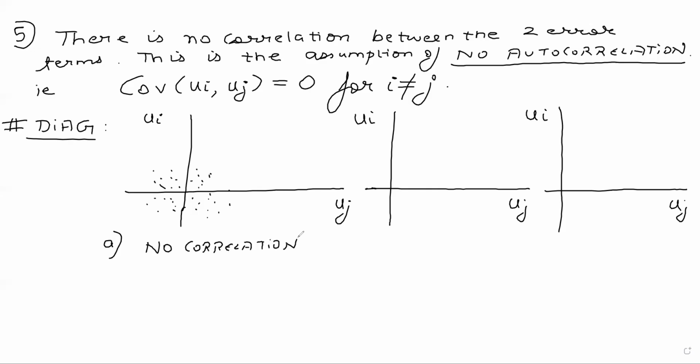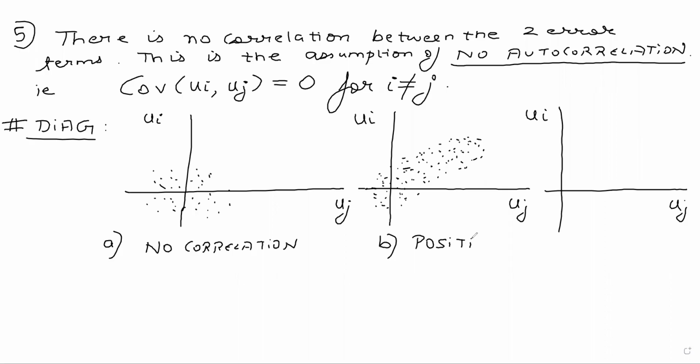However, if you plot a scatter diagram between ui and uj and it comes out somewhat like this, then you can clearly see an upward trend. When uj is increasing, ui is also increasing. So in the second case, there is positive correlation.